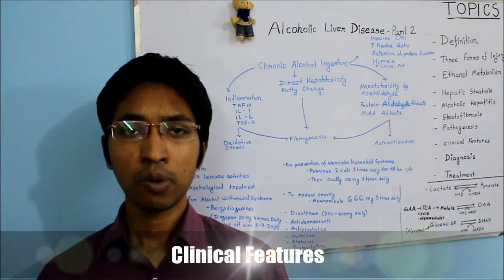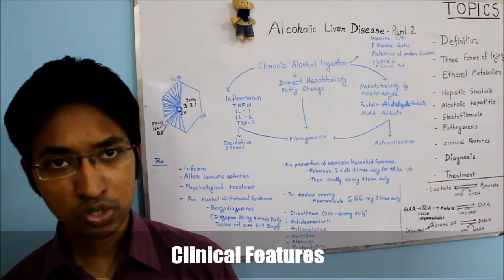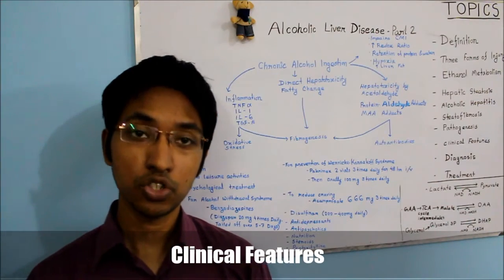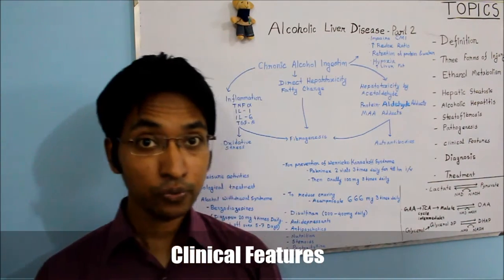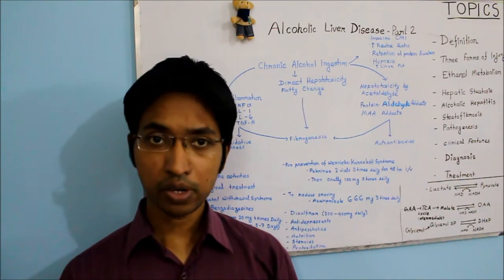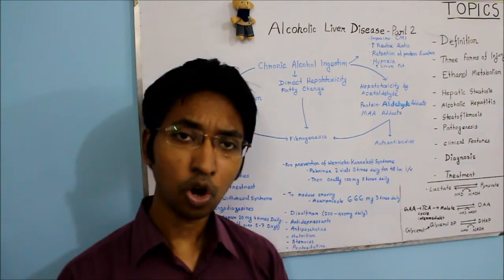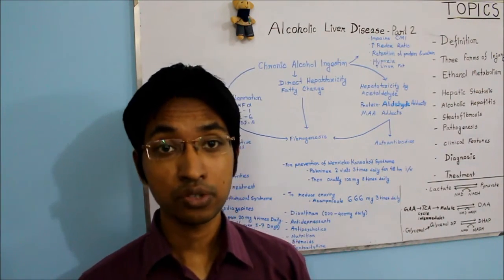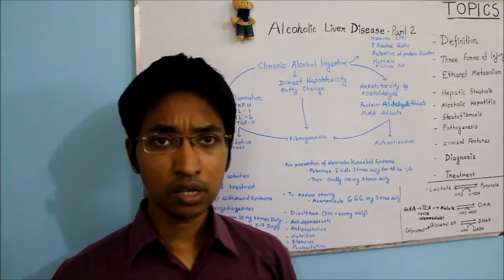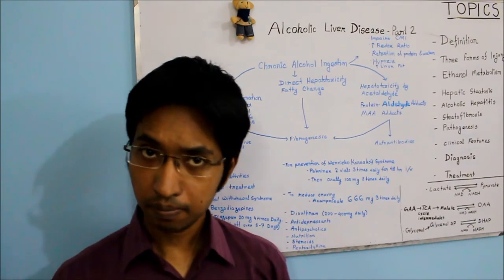Now, recall from our previous video, we had said that alcoholic liver disease is a term that denotes a spectrum of liver injury. So the clinical features of alcoholic liver disease are also very variable. It can range from very mild symptoms all the way to very severe symptoms. In hepatic steatosis or fatty liver, there can be enlargement of the liver, that is called hepatomegaly.